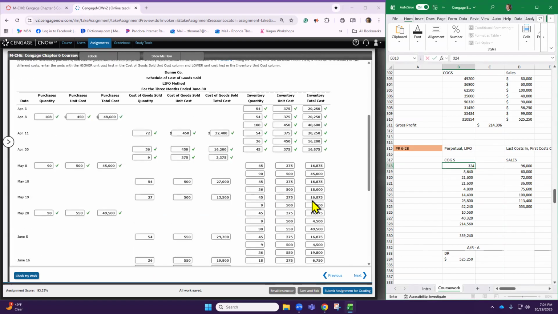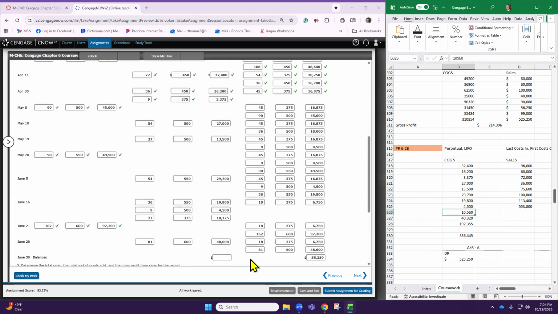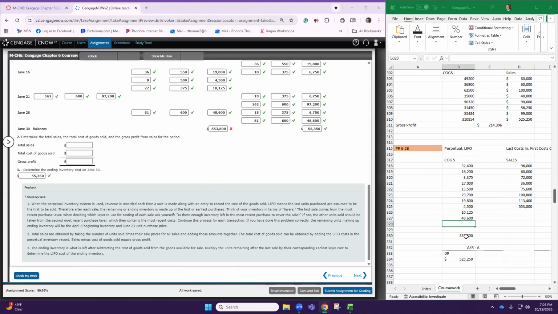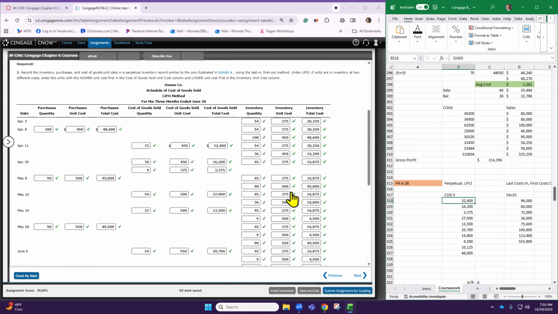Cost of goods sold, 32,400, 16,200, $3,375, $27,000, $13,500, $29,700, $19,800, $4,500, $10,125, $48,600. Okay, so I got $553,800. Let's see if I'm right. Nope. So I miskeyed something somewhere.